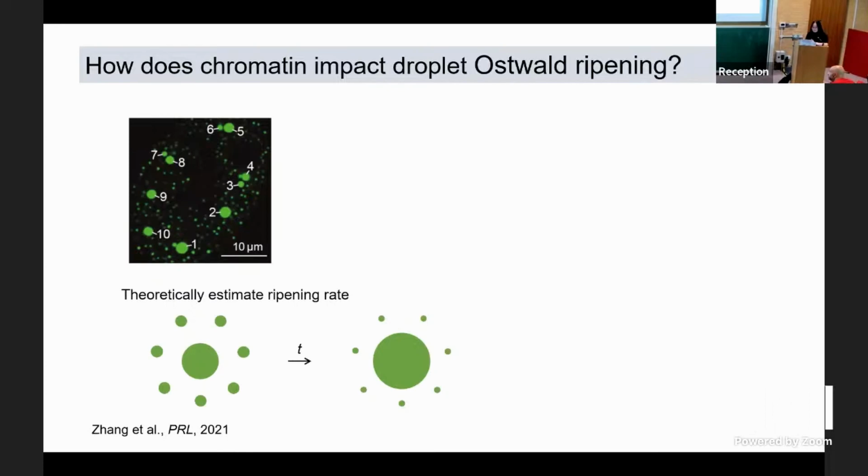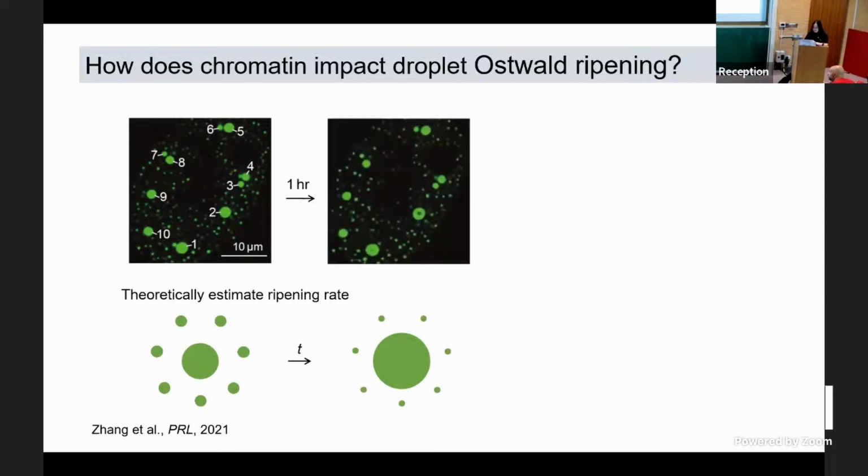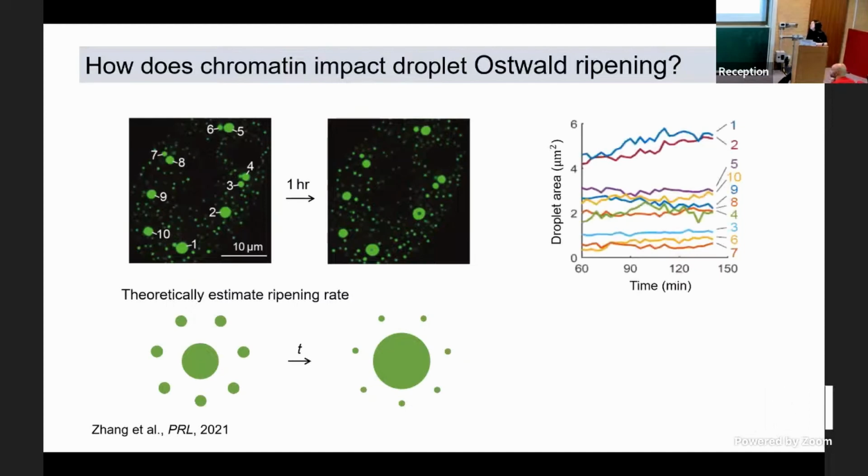However, Daniel waited for an hour, and it seems that these droplets are really not changing. We can further quantify the changes. Do you know how much mobility there is?